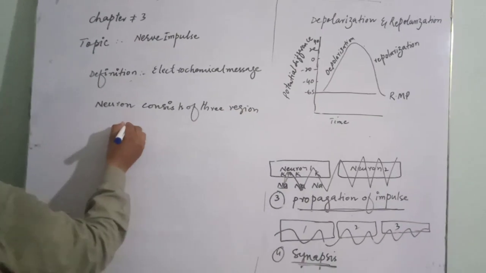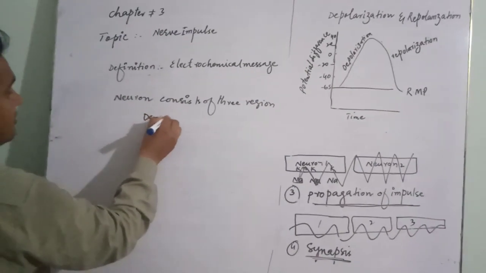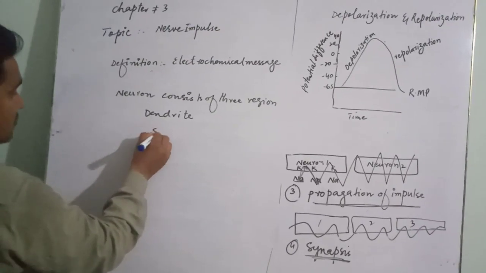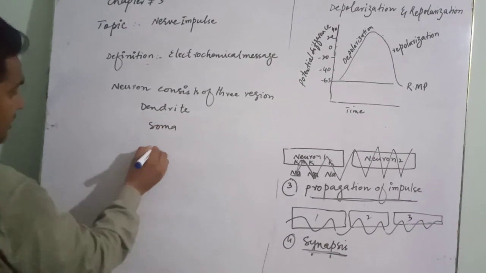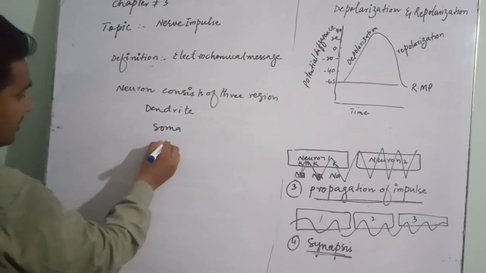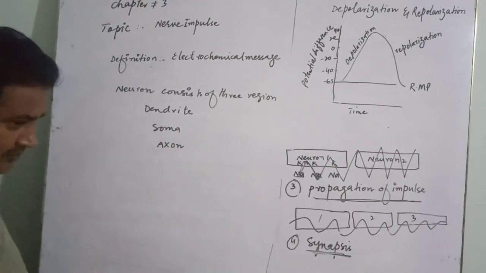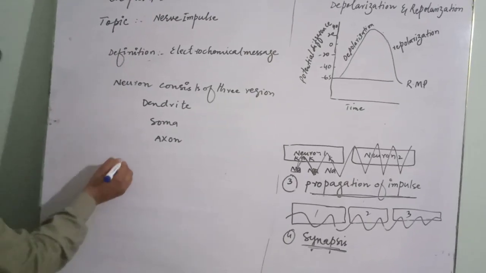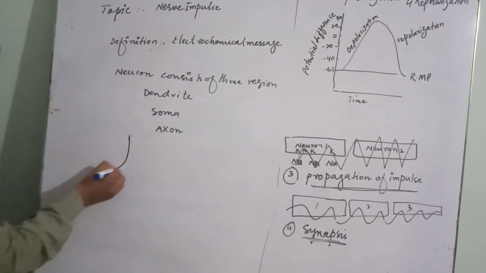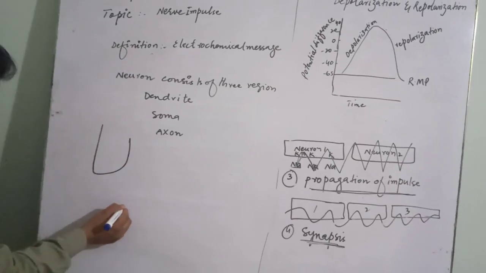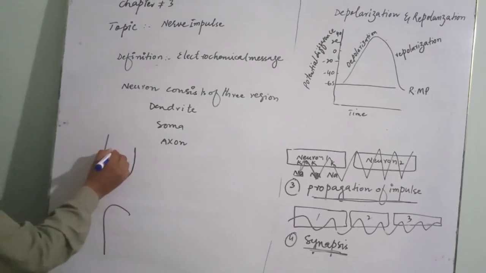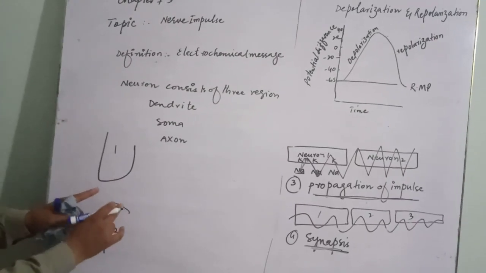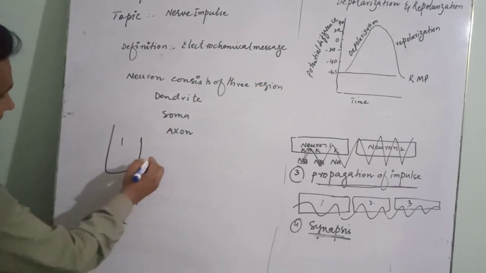One is called dendroid, the other is called soma, and the third is called axon. Now what happens? There is a neuron number 1, and this is a neuron number 2. Now how does a synapse develop?